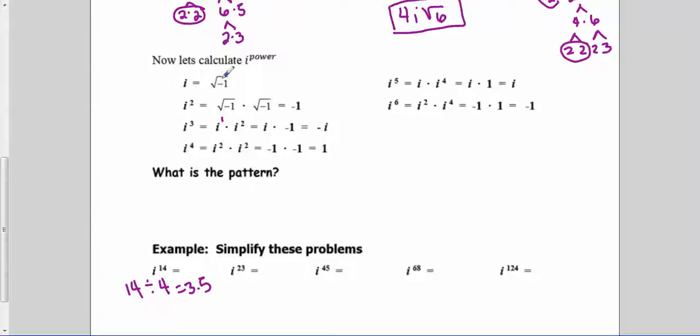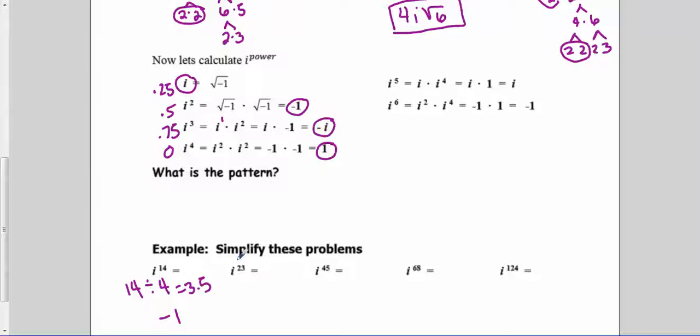So if you can remember that if you divide by 4 and you get no remainder, your answer is going to be 1. If you get something .25, your answer is going to be i. If you get .5, your answer is -1. And if you get .75, your answer is -i. So because I have a .5 here, my answer should be -1.